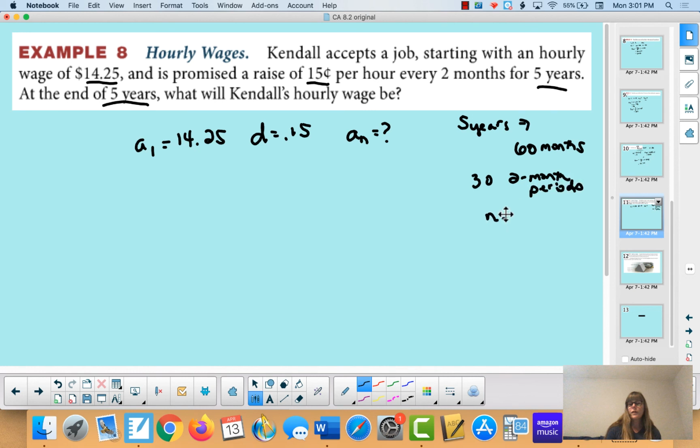And so n is going to be 30. And so we're looking for a sub 30. So we take the first term plus n minus 1 times the common difference of 15 cents, and that gives us $18.60. So after 5 years, her hourly wage will be $18.60 an hour.